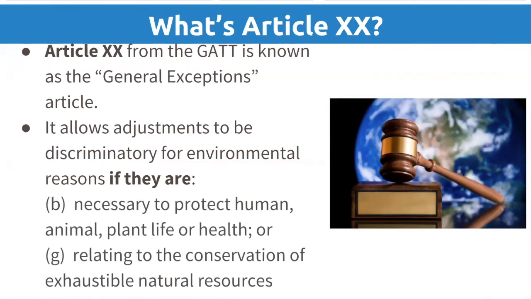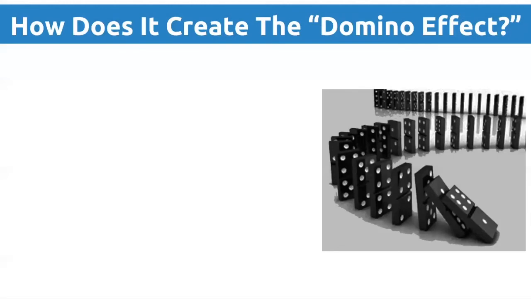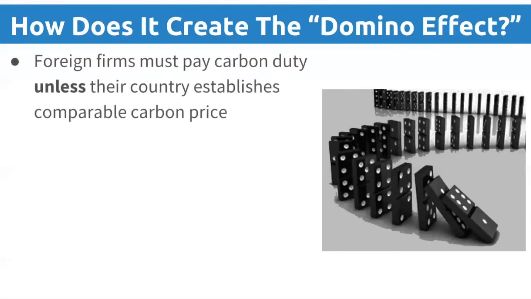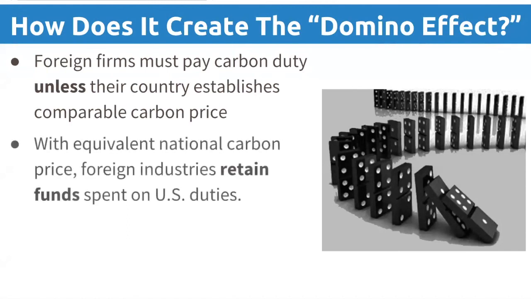Now, just how will this border carbon adjustment encourage other countries to adopt a comparable carbon fee? The countries and their firms are incentivized to establish their own carbon price, as they'll be able to keep the U.S. carbon tariff they've been paying to get their product in the U.S.